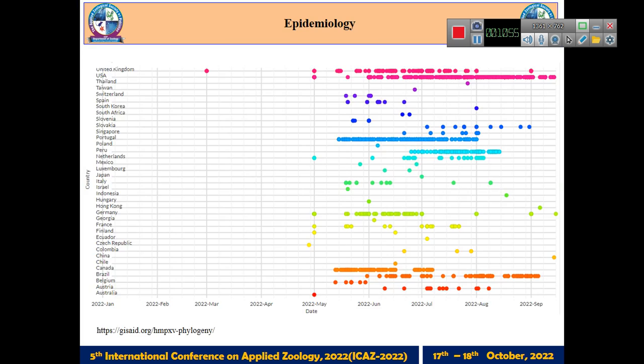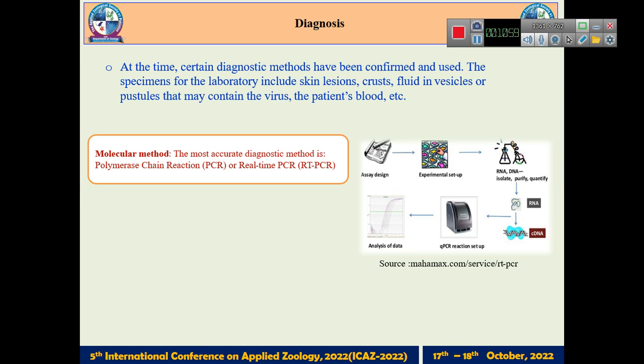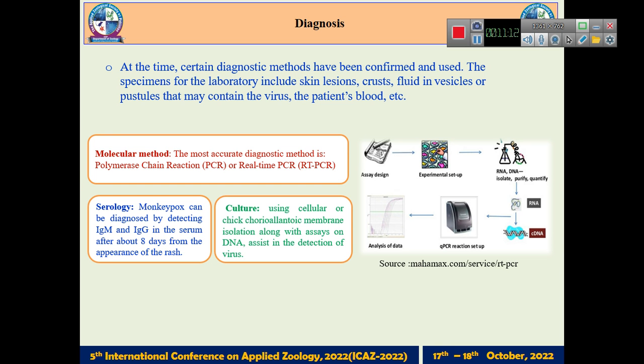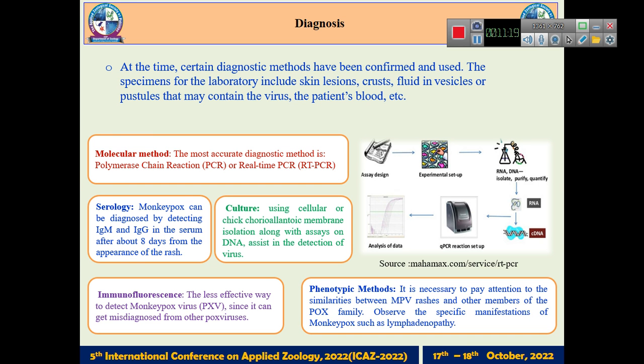And now I want to speak about several common diagnostic methods, including molecular method, serology, culture, and immunofluorescence.